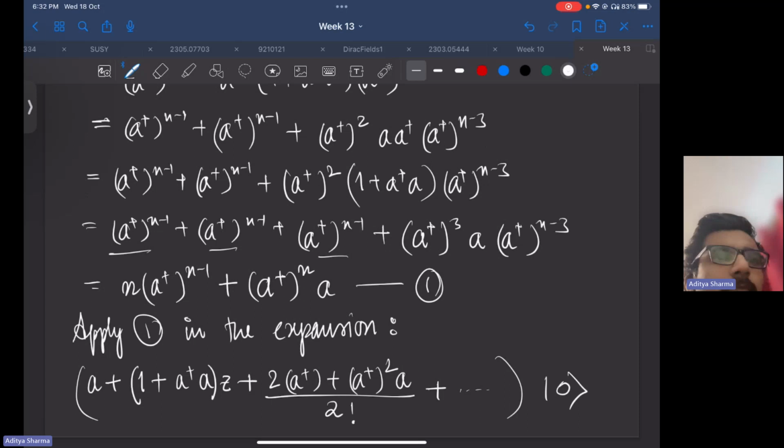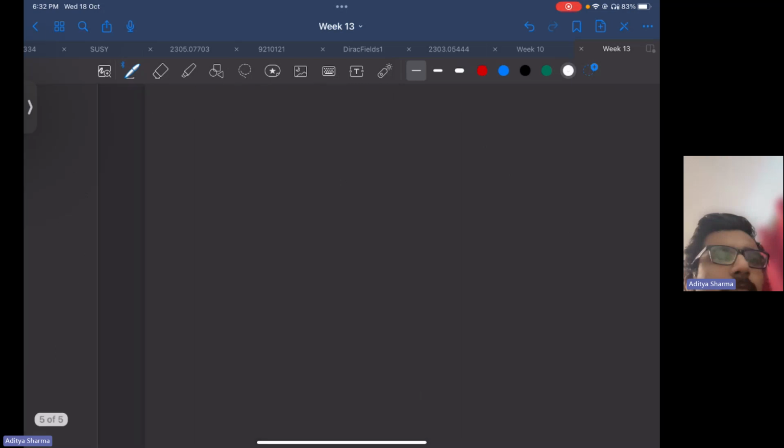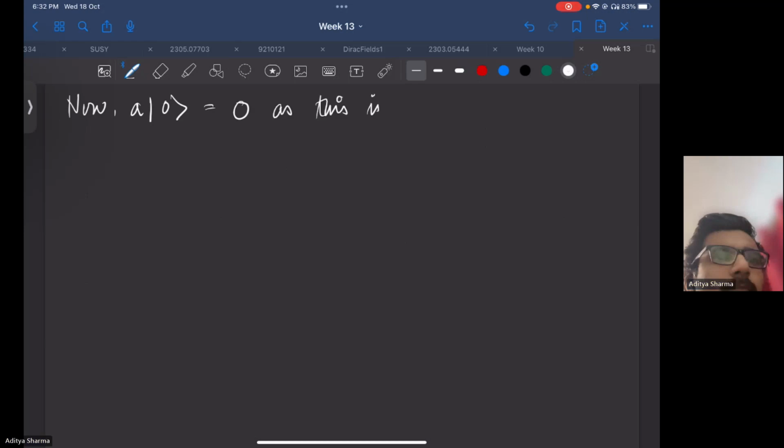Okay. Now all the terms, A acting on 0 is 0, as is the definition of vacuum state.